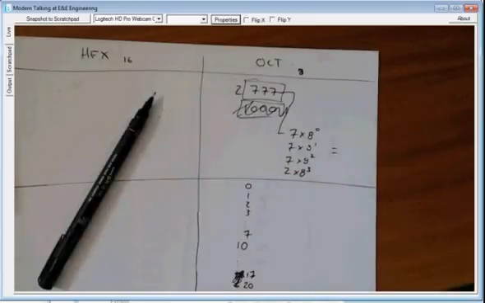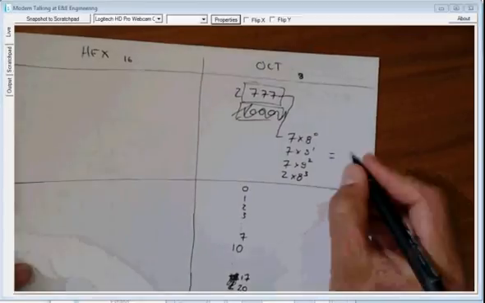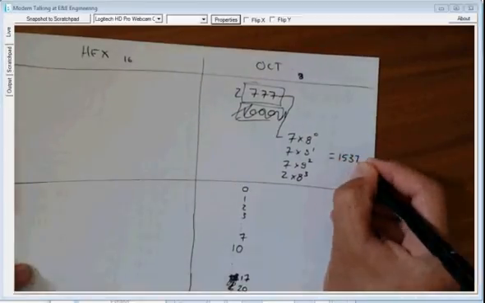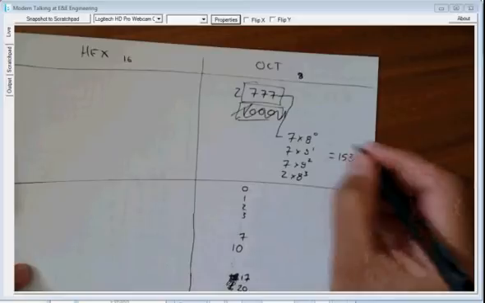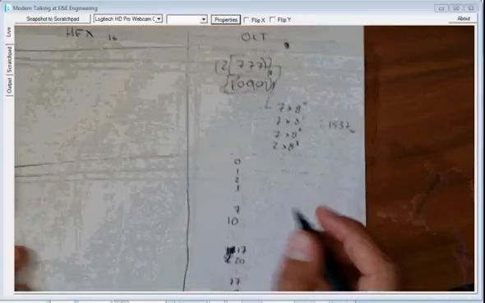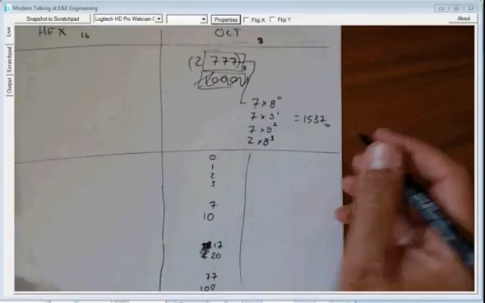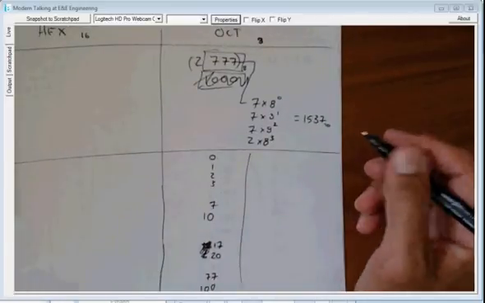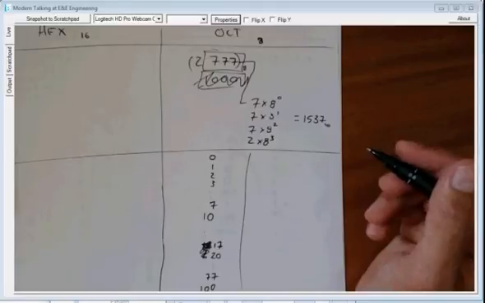Actually, I'll quickly calculate it. You get 1537 in decimal is what this thing in octal represents. Now, an interesting fact about octal is you can group bits of ones to go between binary and octal.